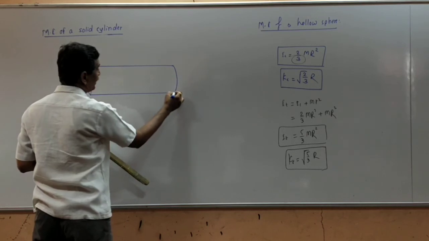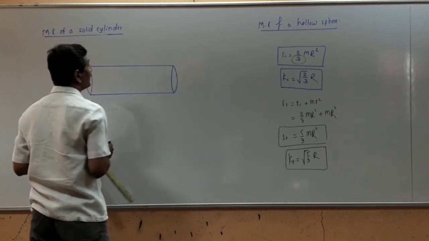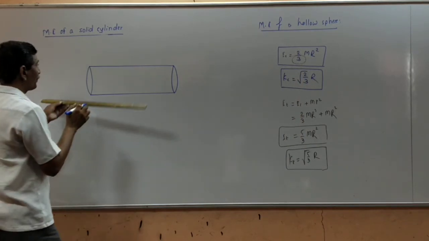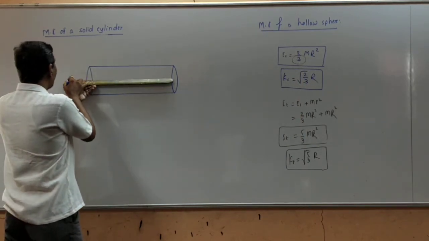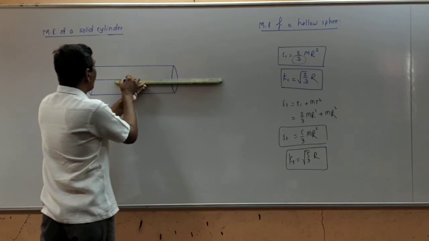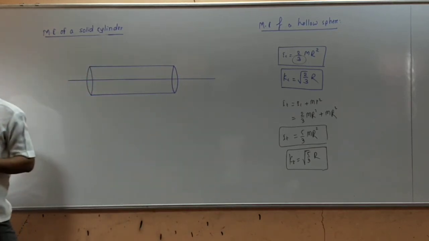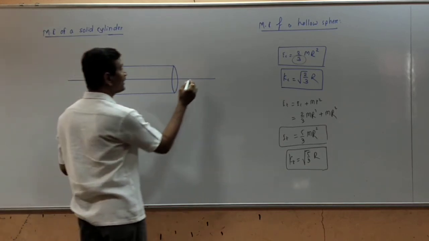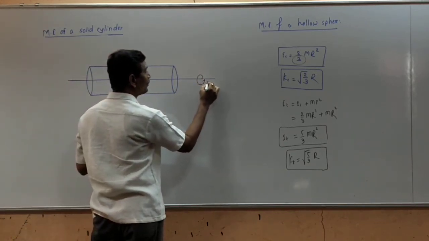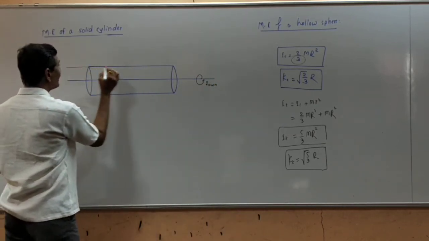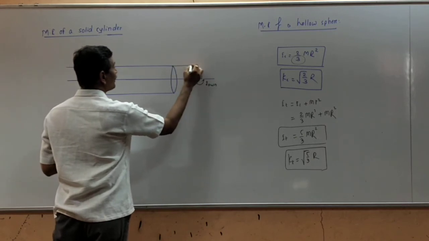So this is the solid cylinder of mass capital M and radius capital R. So first axis is the axis along its geometric axis, that is the moment of inertia of the solid cylinder about its own axis. So we use the symbol I own for it. Second one is axis coinciding with the surface.